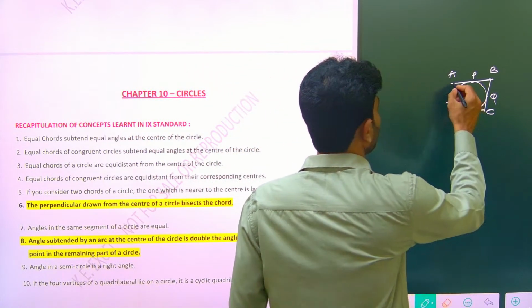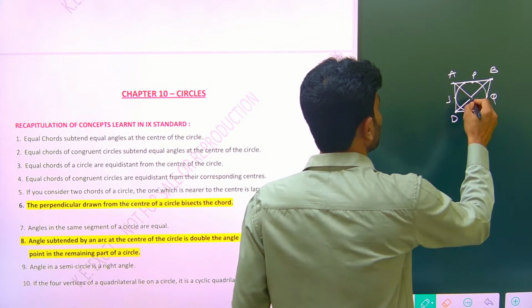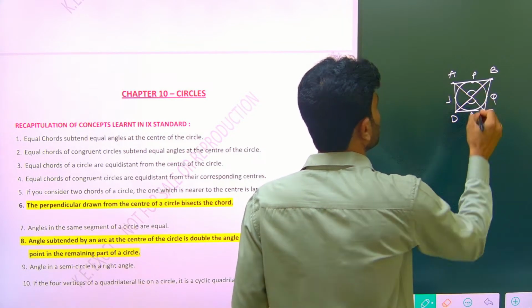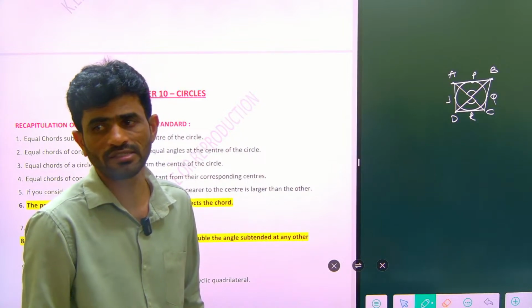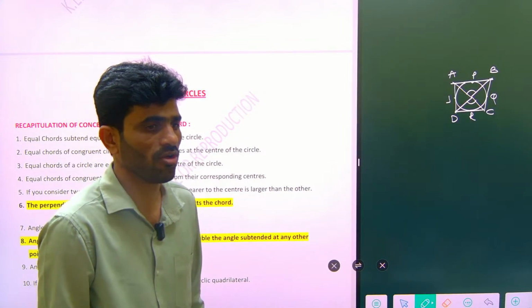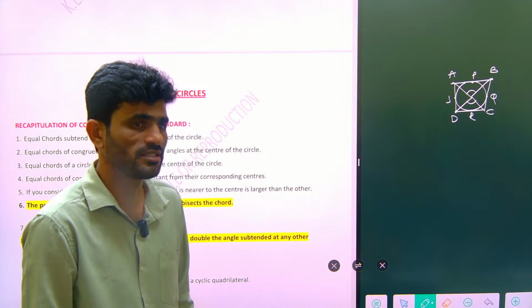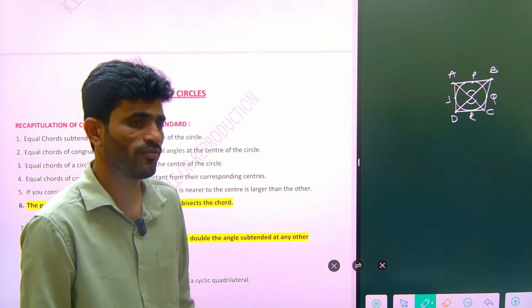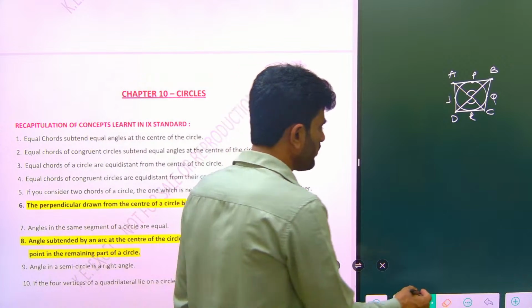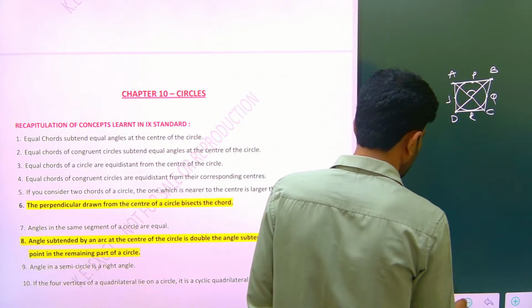After that, I said to prove this also. Prove that opposite sides subtend supplementary angles at the center. That theorem proof is also there. And after that, we have all problems related to angles.